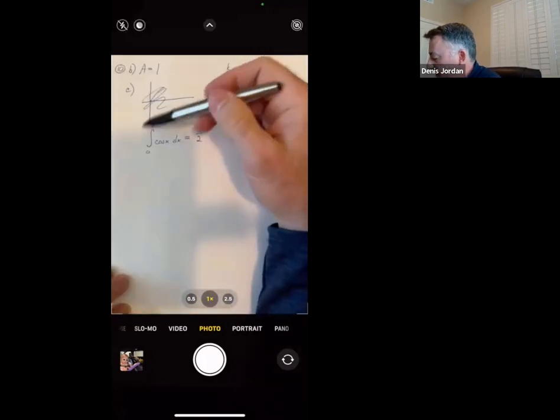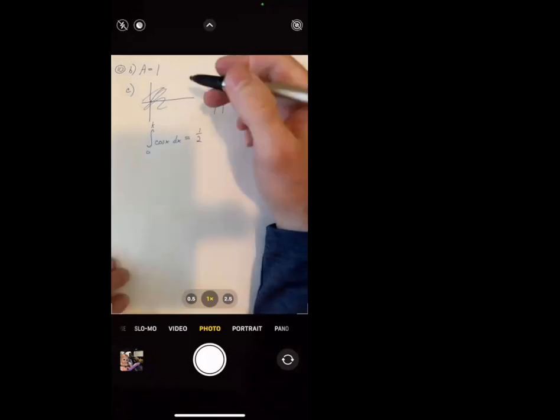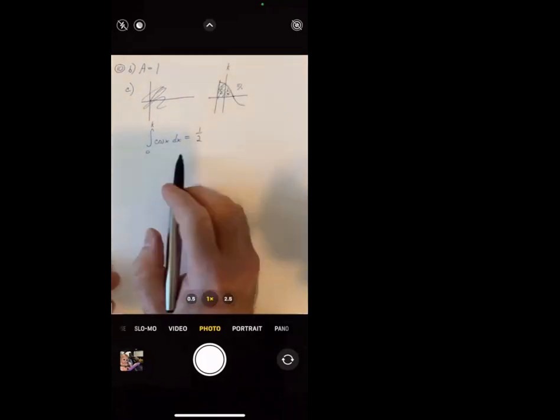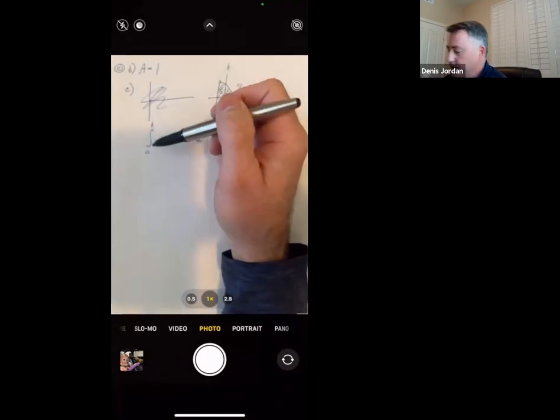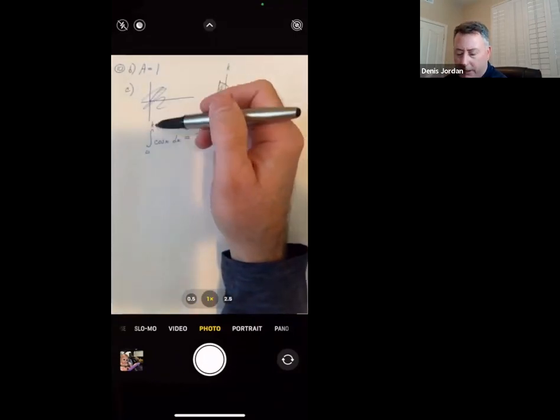And now you have an equation that you can actually start to work through. It's going to be almost the exact same steps as you did in part B.